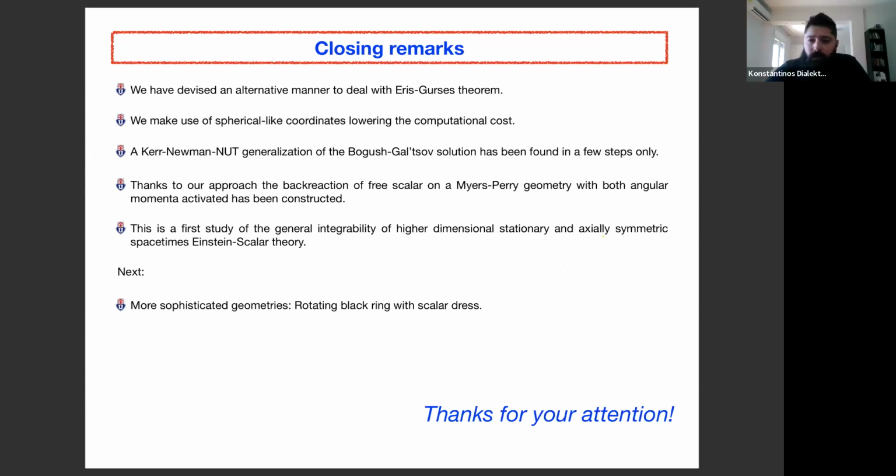There's a question in the chat by Jayu saying most of the solutions here with scalar are naked singularities. Are there any treatments in the solution generating method that can preserve the horizon? So when you are in the minimally coupled sector, you will deal with these singularities because it's basically what the no-hair theorem is telling you. The way to deal with them is to use changes of frame.